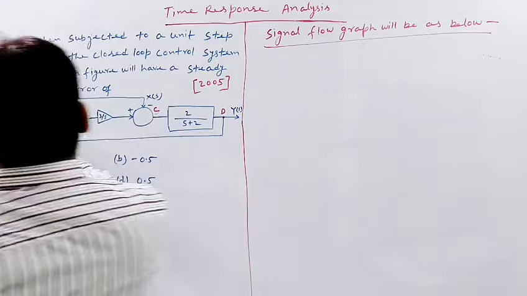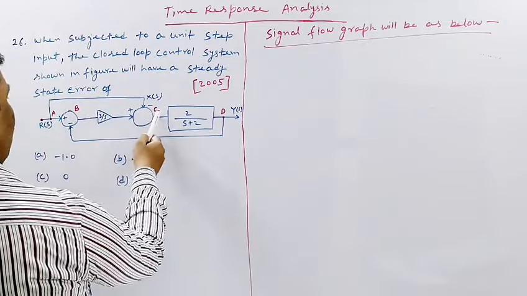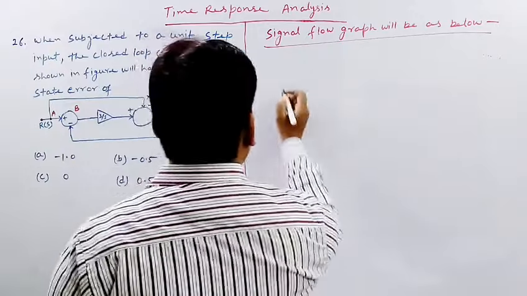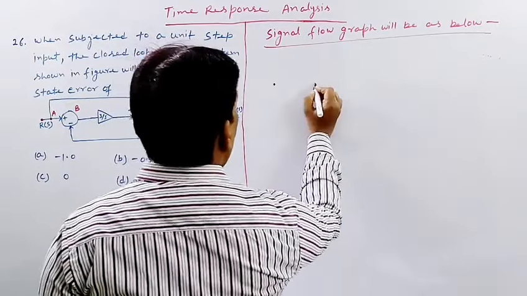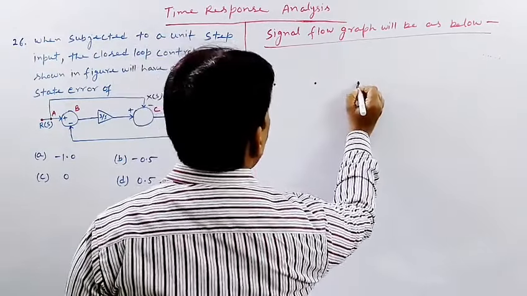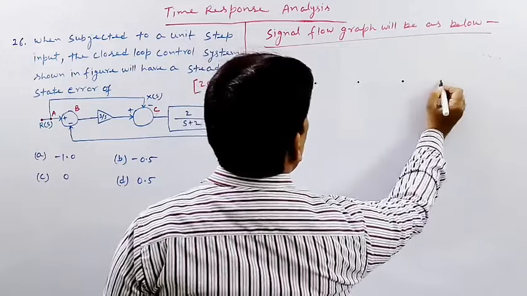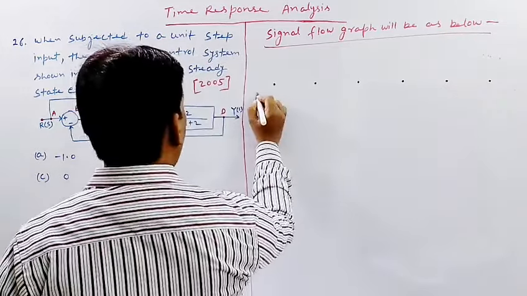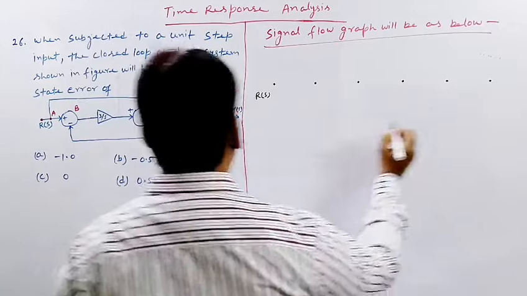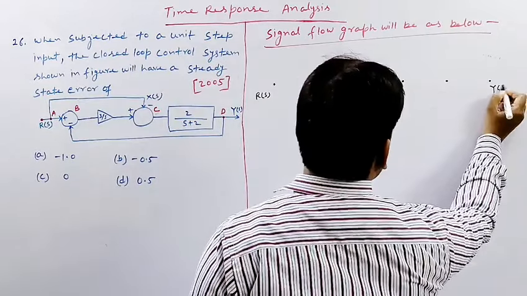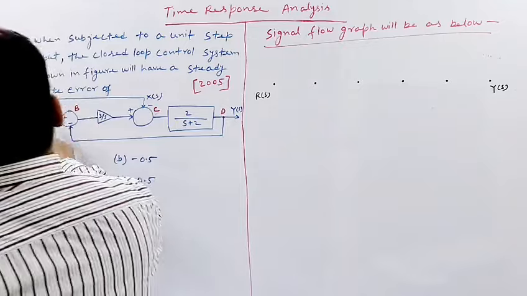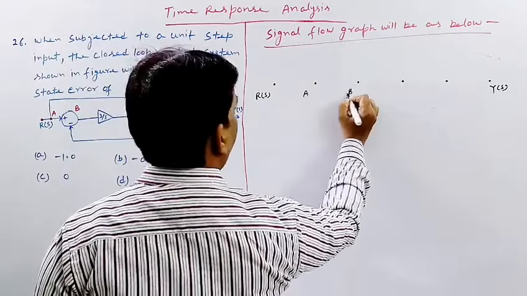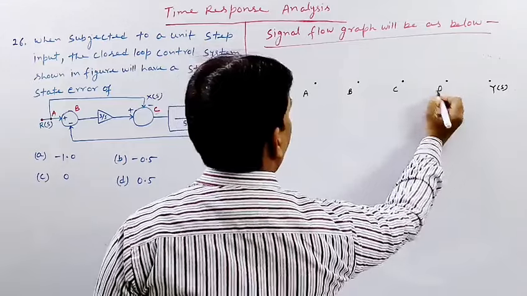There are 6 points: 1, 2, 3, 4, 5 and 6. This point is RS, and this point is YS. Now between RS and A, this point is A, this point is B, this is C, and this is D.